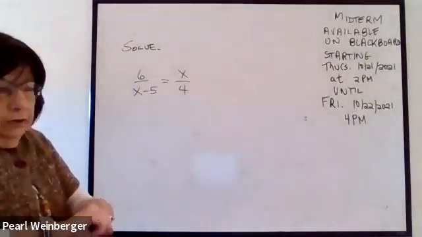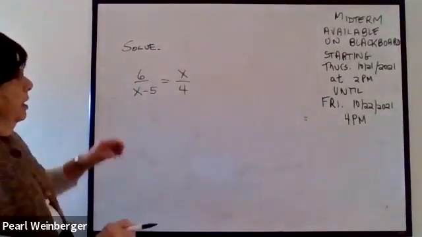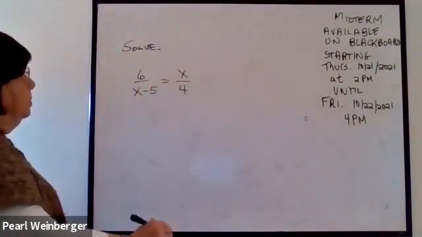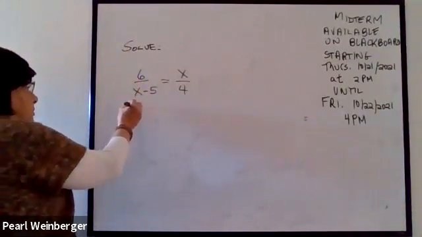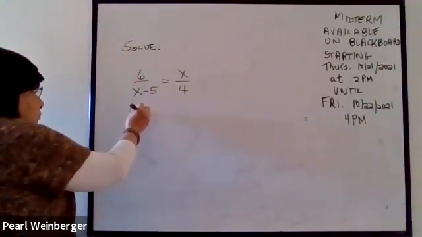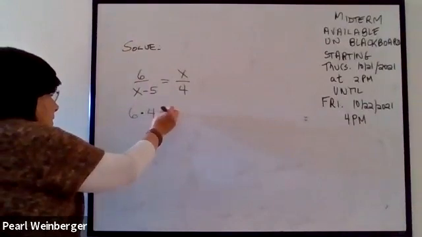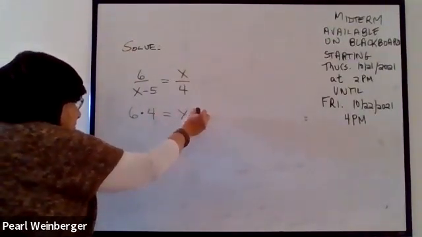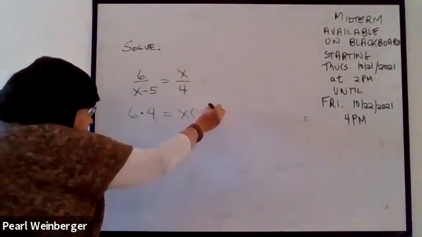Those answers did look good. Again, we have a proportion, a single fraction equaling a single fraction. We're going to cross multiply. We will get 6 times 4 equaling x times x minus 5.